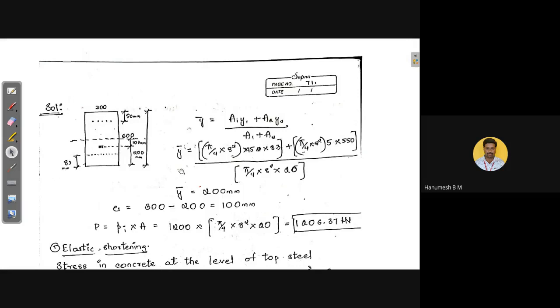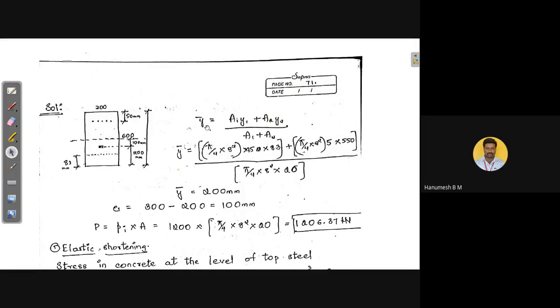Either the soffit of the beam you can take as the reference axis, or top of the beam also you can take as the reference axis. In this problem I have taken the soffit of the beam as the reference axis. Means with respect to soffit of the beam, I will find out the CG of the steel. Once with respect to the bottom or soffit of the beam the CG is found out, I can easily find out the eccentricity.